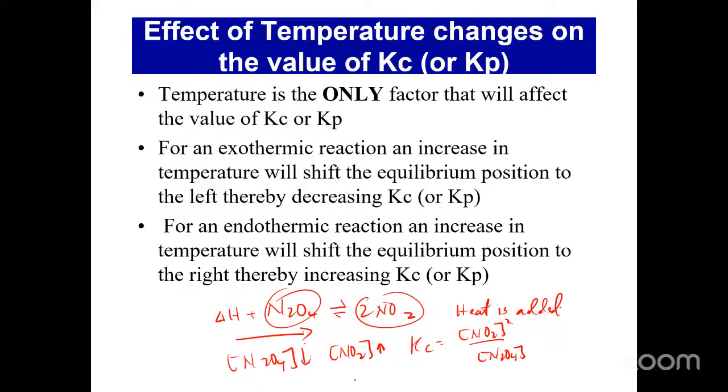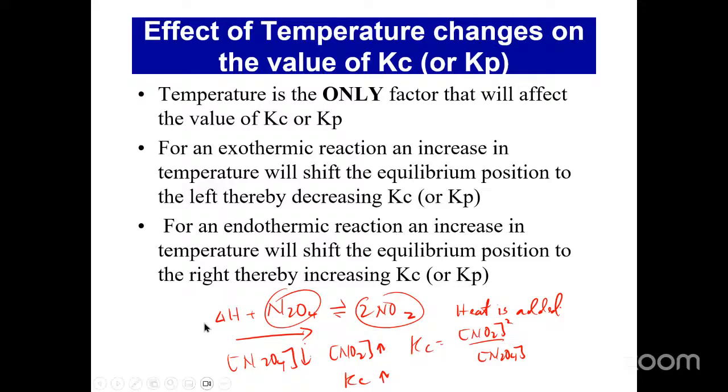Kc will increase. So let me just put that down here. Kc will increase. So basically what we're saying here is that if you increase the temperature of this system, because the reaction is endothermic as it is written here, there will be a shift to the right, concentration of NO2 would increase, concentration of N2O4 would decrease, and therefore overall the Kc value will increase.